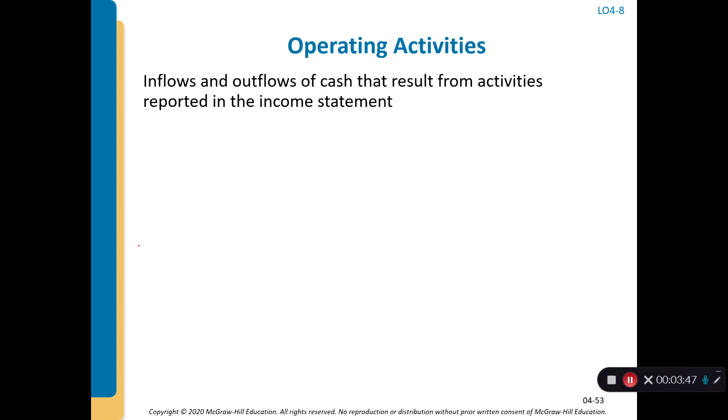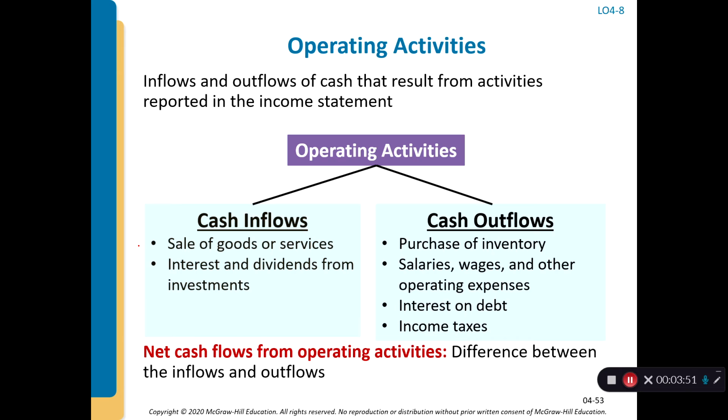Okay, and then let's first look at what operating activity is in the cash flow statement. It refers to the inflow and outflow of cash that results from the activities reported in the net income statement, right? Cash inflows include the sale of goods or services and interest and dividends from investments. Cash outflows include the purchase of inventory, salaries, wages, and other operating expenses, interest paid on debt, and income taxes as well.